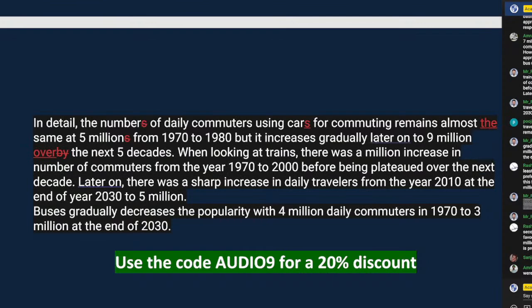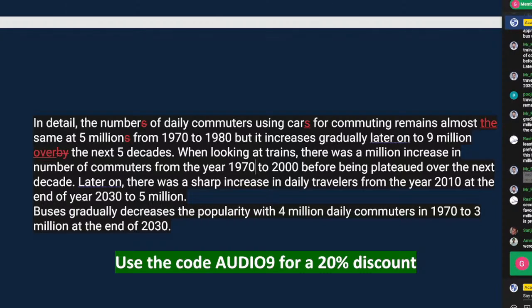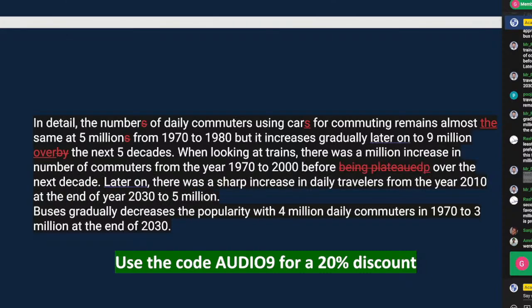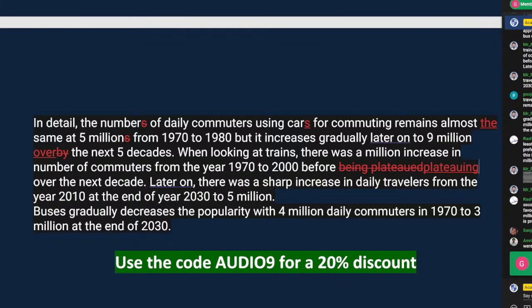When looking at trains, there was a 1 million increase in the number of commuters from the year 1970 to 2000. Before not being plateaued, but before plateauing over the next decade.